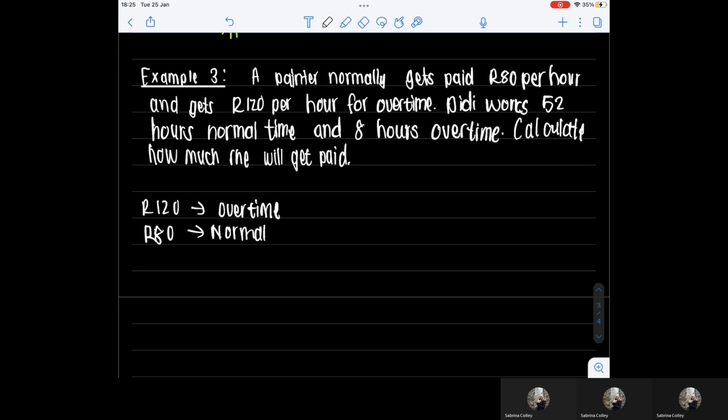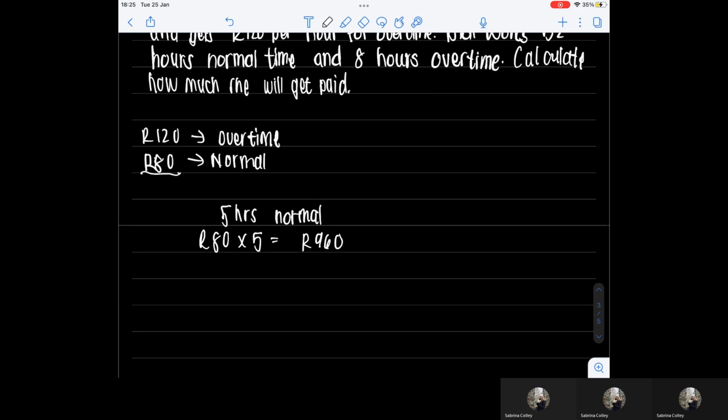Okay, so she worked 52 hours normal time, right? So that means that she gets 80 Rand 52 times, okay? So 80 Rand times 52, and that gives me 4,160 Rand, okay? For overtime, she gets 120 Rand 8 times because she works 8 hours.